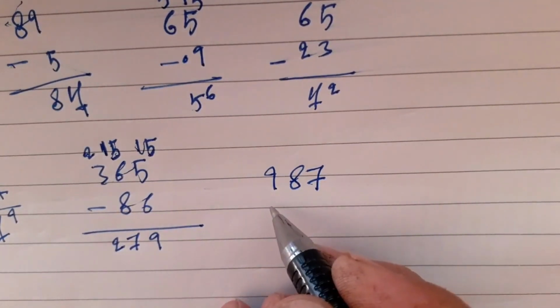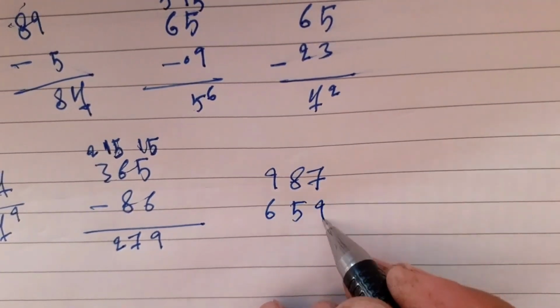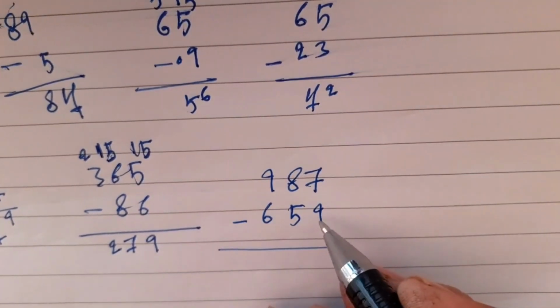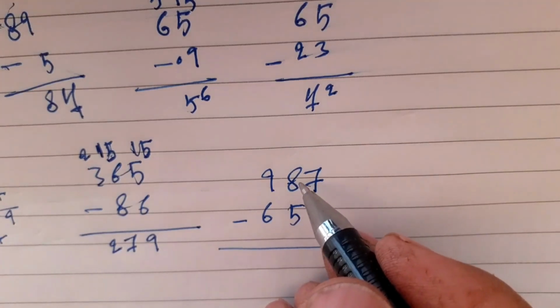987 subtract 659. We can't subtract 9 from 7, so we borrow from 8.